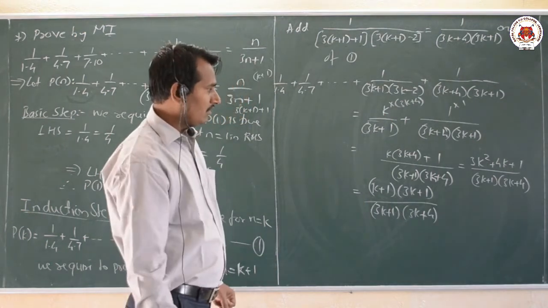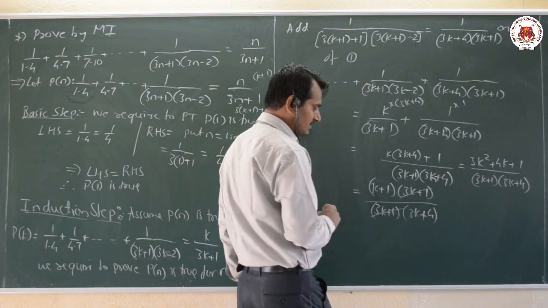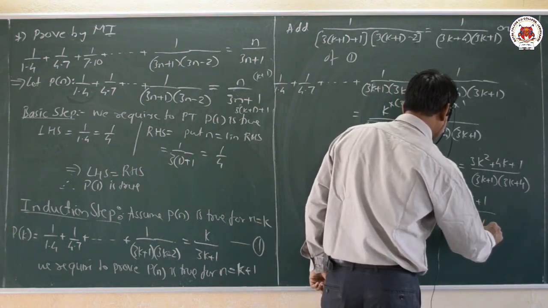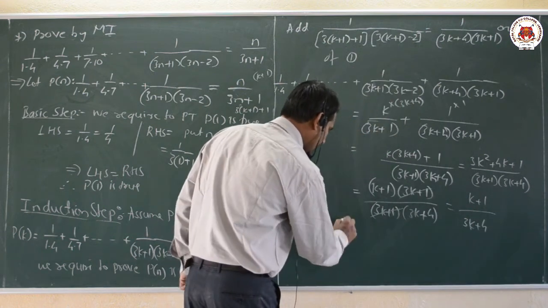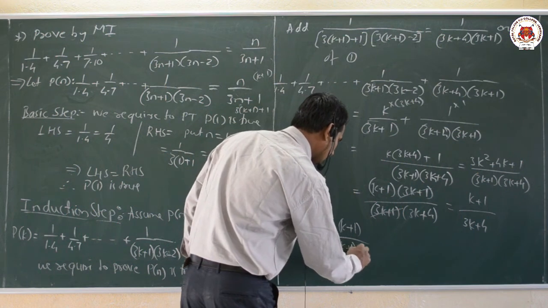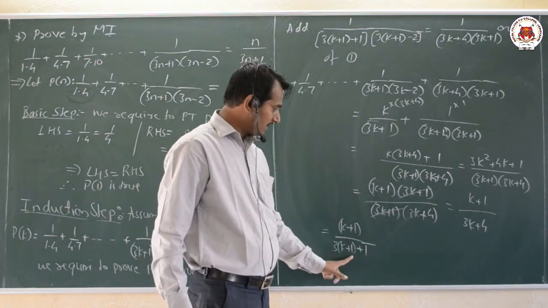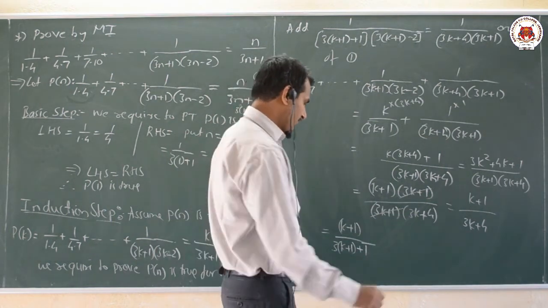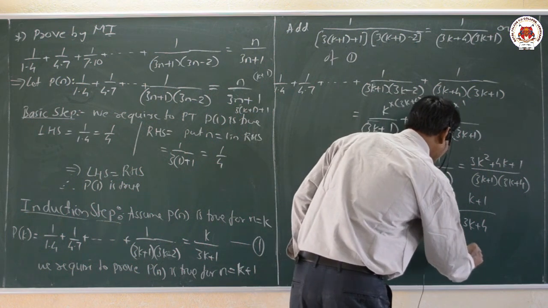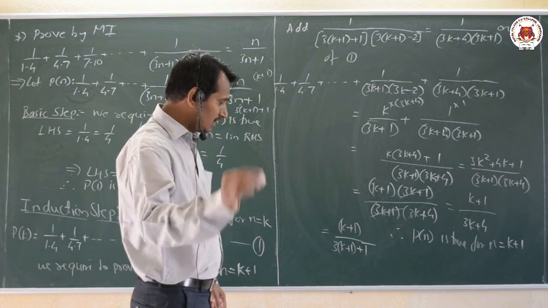Now 3k plus 1 and 3k plus 1 get eliminated, the remaining part is (k plus 1) divided by (3k plus 4). Now 3k plus 4 I can write as 3 into (k plus 1) plus 1, that is 3k plus 3 plus 1, that is 4. The same thing we get. Therefore, P of n is true for n equal to k plus 1.